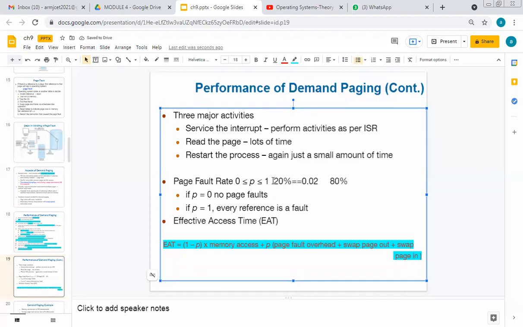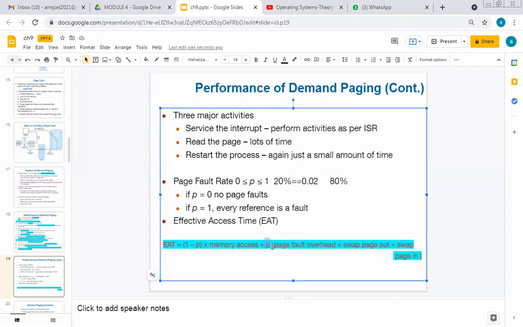See, if we say 20% occurrence of rain today, that means 80% no rain, right? So memory access success is 1 minus p, here 100 minus 20 is 80. In the same way, memory access failure is p. That means what happens if it fails? We have to find the page, swap out, and swap in the page that we requested.